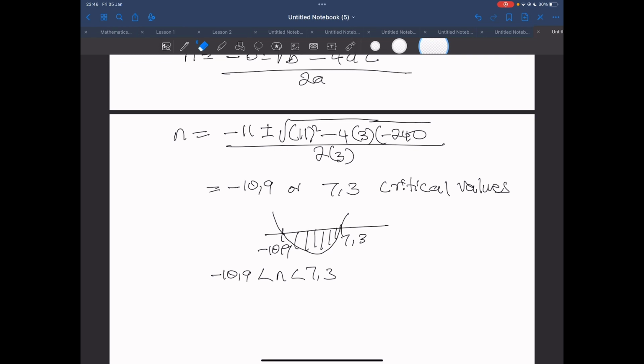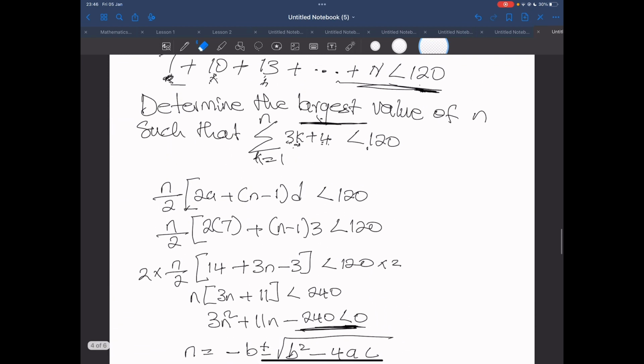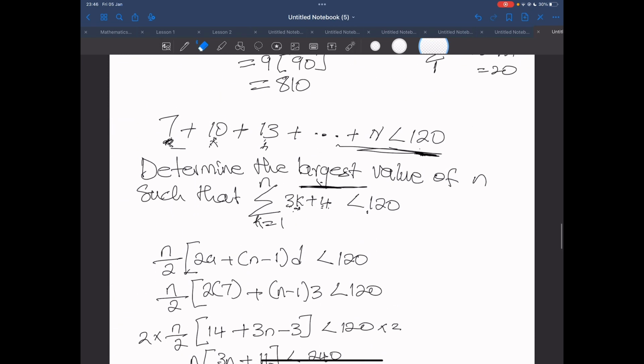Now, let's go back to our question. The question is, determine the largest value of n such that this is less than 120. So when we add the terms, the answer must be less than 120.